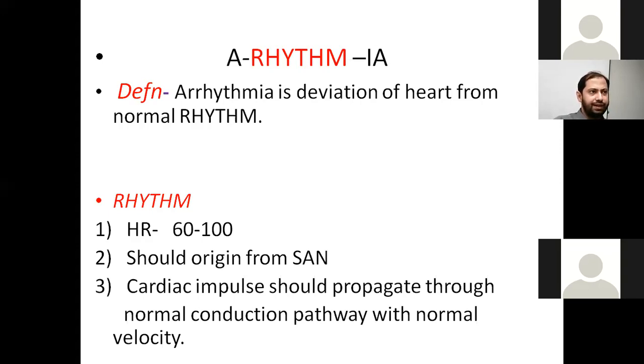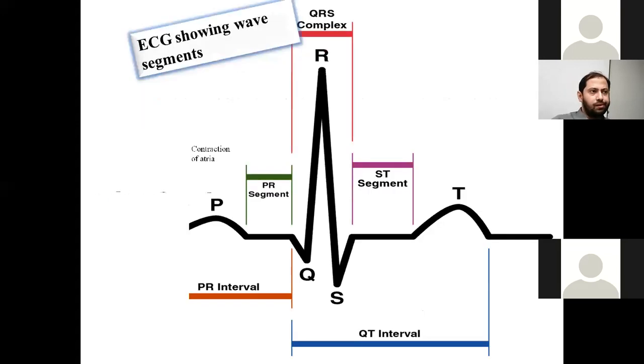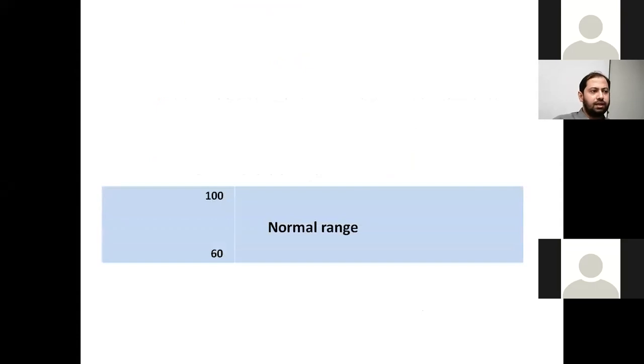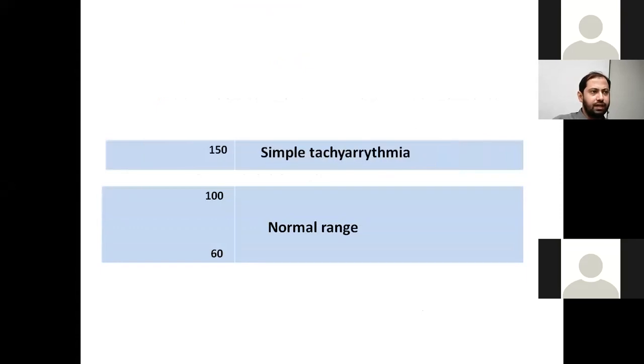So whenever there is an arrhythmia, there will be some deviation of the heart from normal rhythm, and all of these parameters will be changed. If we talk about the classification of arrhythmias, as you all know, normal heart rate is between 60 to 100, but if we talk about tachyarrhythmias, the heart rate will be above 100, like around 150, then we will label that as simple tachyarrhythmia.